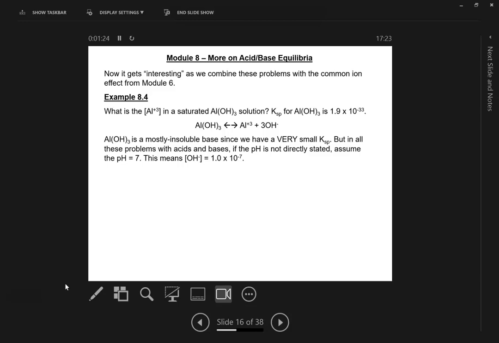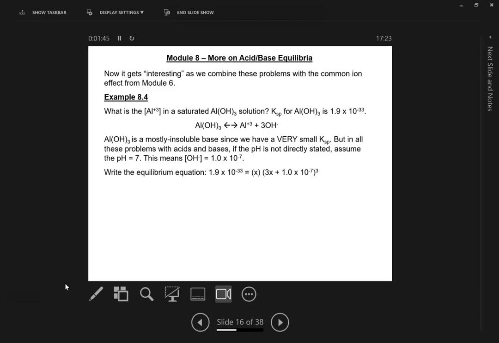So if they don't give us a pH number, we assume it's 7. The reason we do that is because that's the neutral pH solution. But the reason we have to take it into account is because OH- is one of the ions. And so that's a reason to include it.